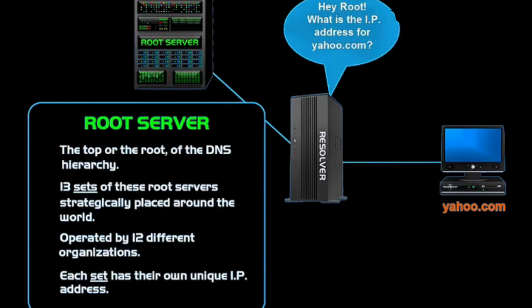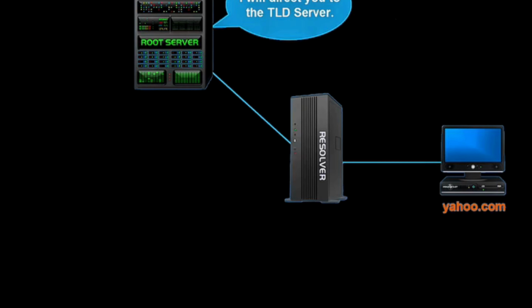So when a root server receives the query for the IP address for yahoo.com, the root server is not going to know what the IP address is. But the root server does know where to send the resolver to help it find the IP address. So the root server will direct the resolver to the TLD or top-level domain server for the .com domain.